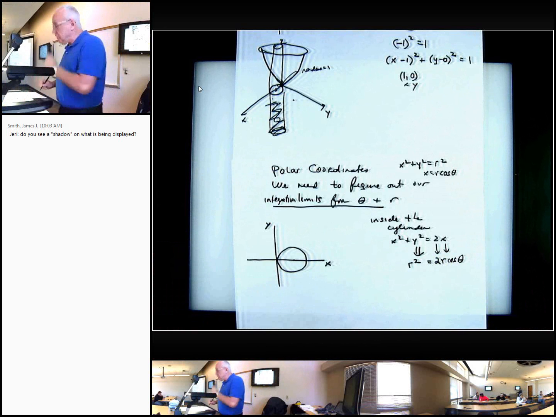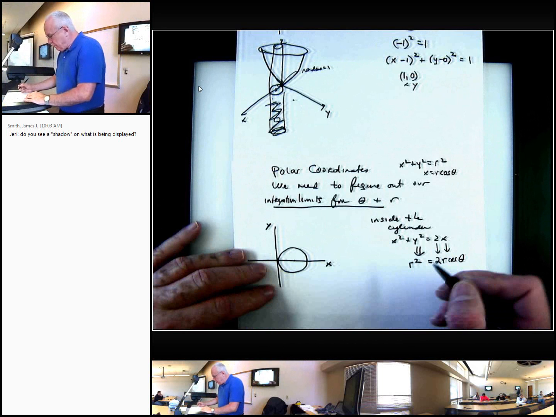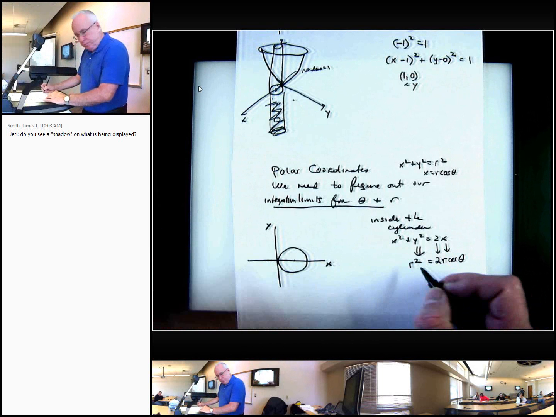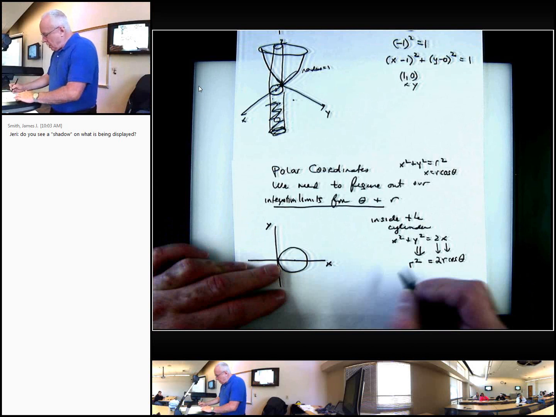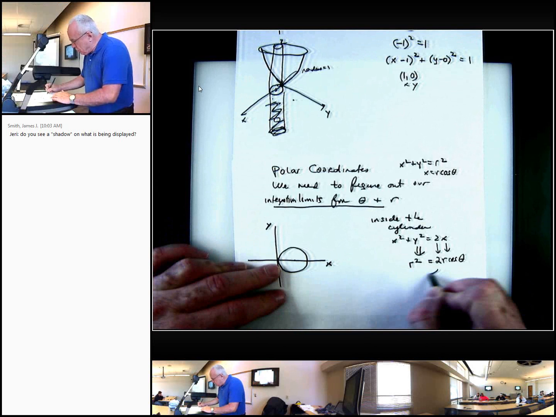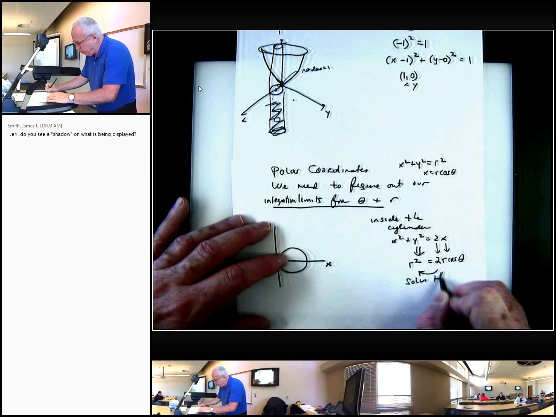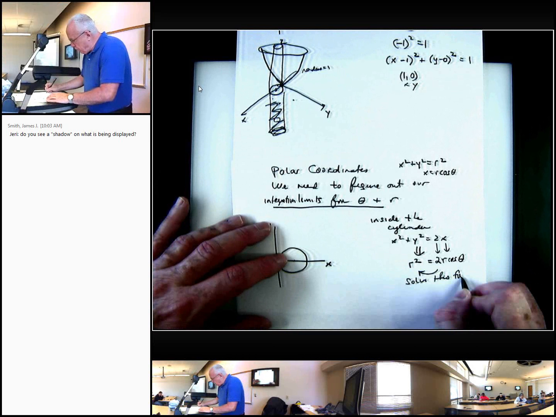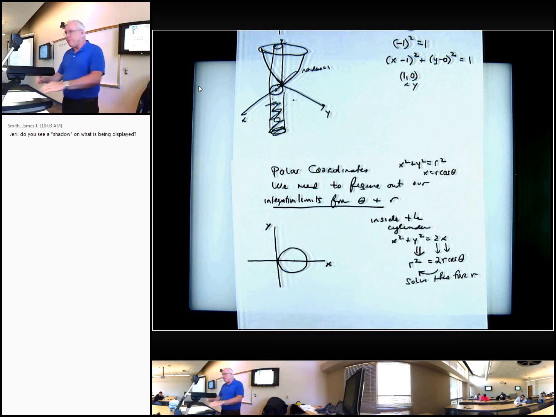this is my cylinder. First of all, let's figure out these upper limits here for r. I want to solve this for r, so let's bring everything over to the other side, and I'm going to factor.